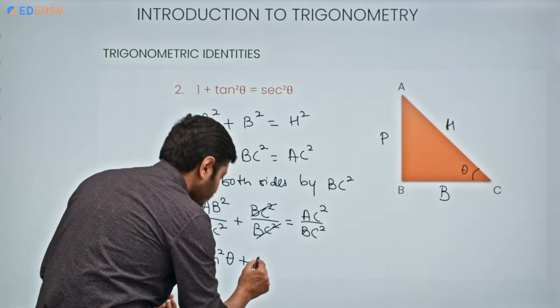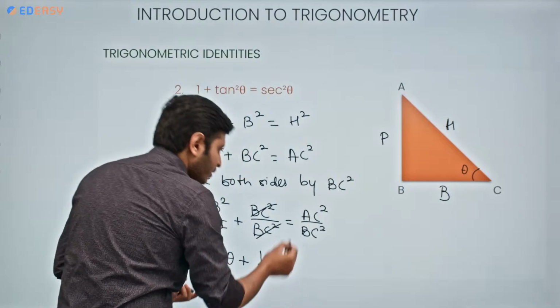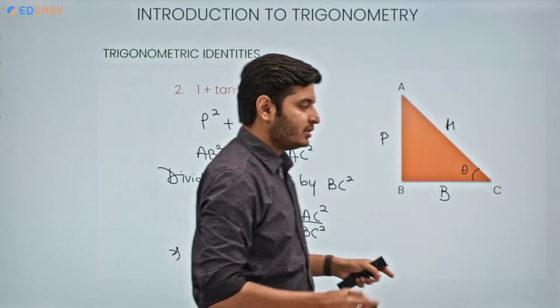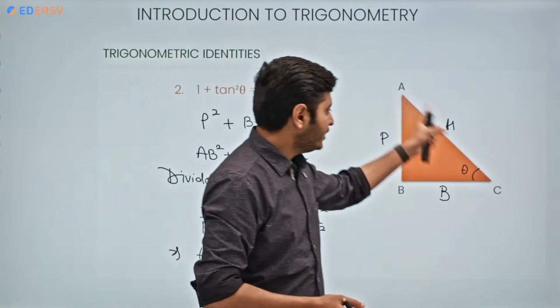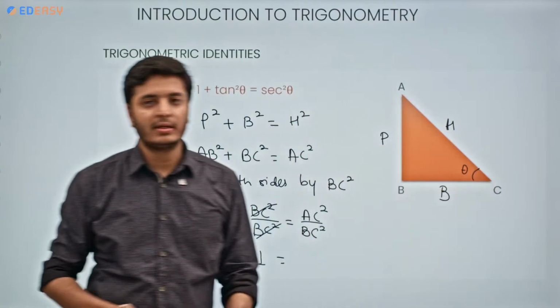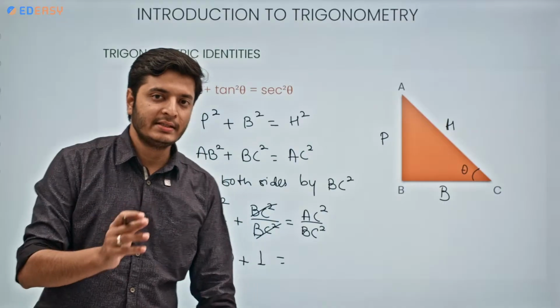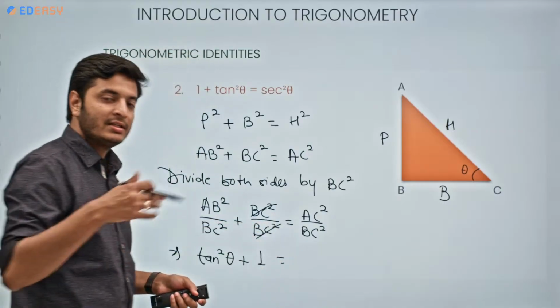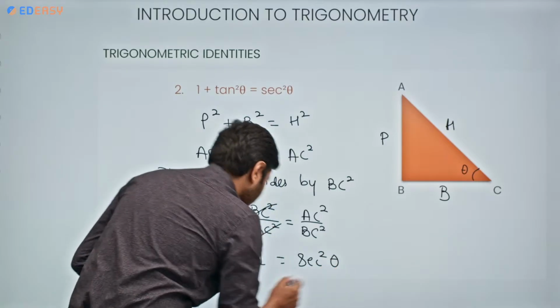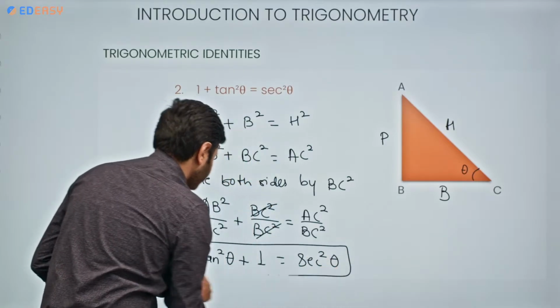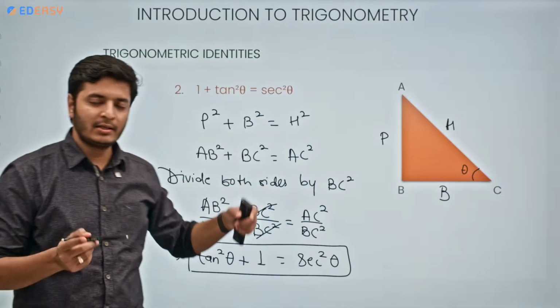This is 1 only, so we cannot do anything. On the right, AC by BC, square we are taking as common. So AC by BC is what? AC is hypotenuse, BC is base. Hypotenuse by base is secant, but squared value, so it will become secant square theta.